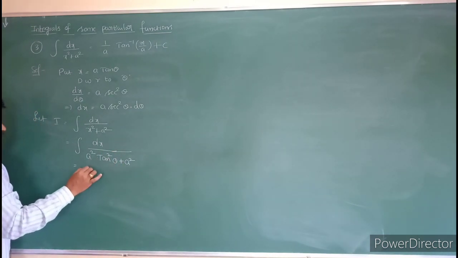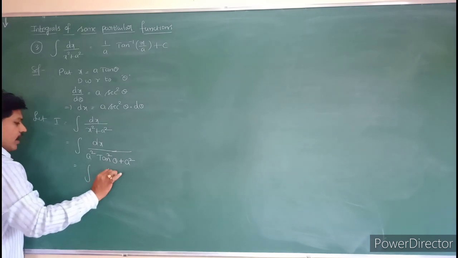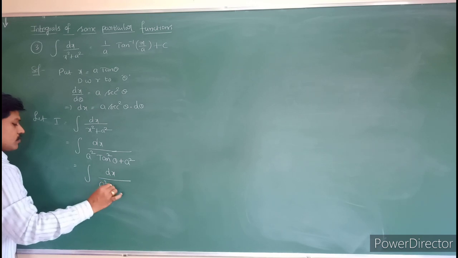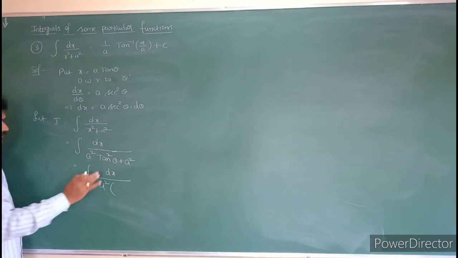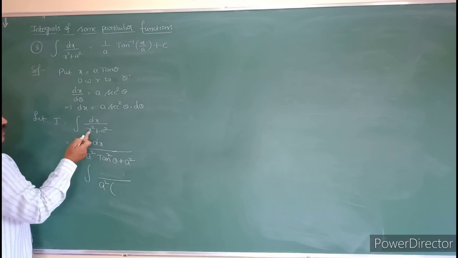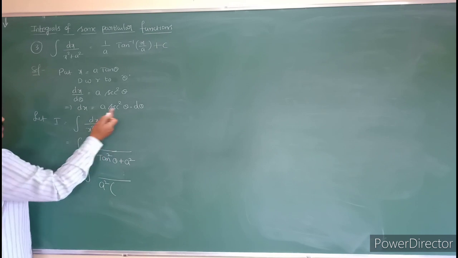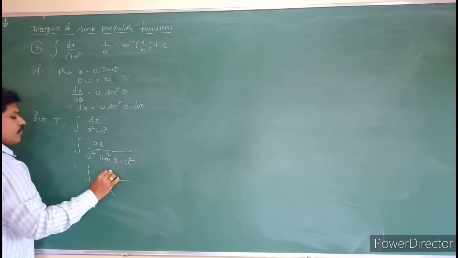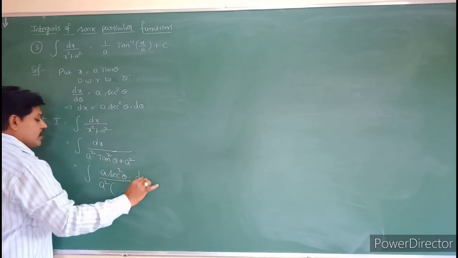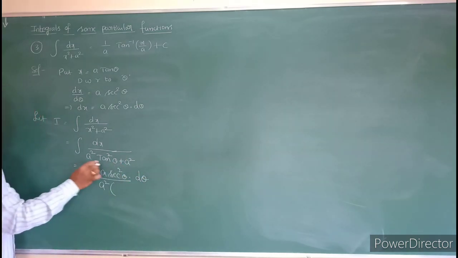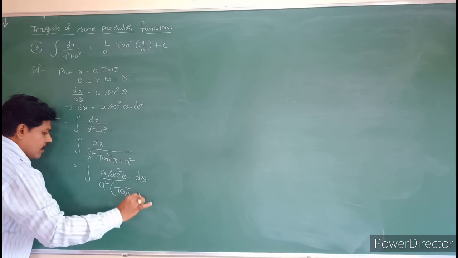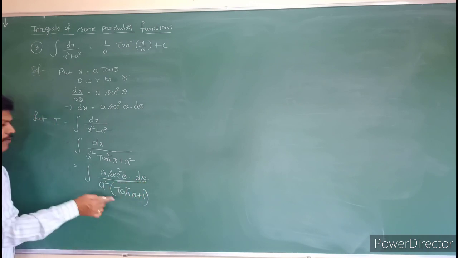Take a square common. Since we changed the x value, we change the dx value also: dx is a secant square theta d theta. So a square, taking it common, times tan square theta plus 1.